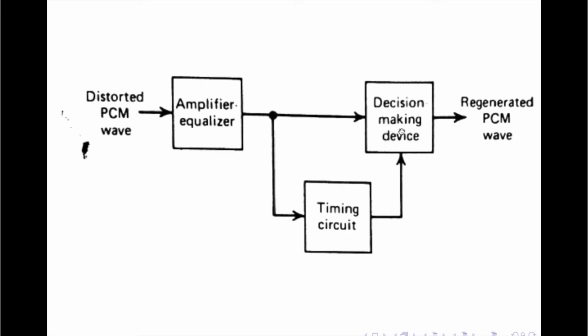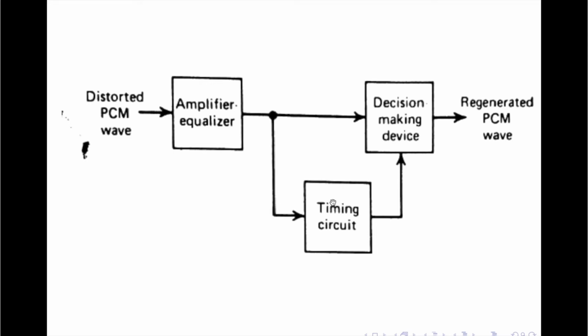If the decision is yes, in the sense if the pulse is detected, then a clean new pulse is transmitted to the next repeater. If on the other hand, the decision is no, which means the absence of a pulse, then a clean baseline is transmitted. In this way, the accumulation of distortion as well as noise in a repeater span is completely removed, provided that the disturbance is not large enough to cause an error in the decision-making process.